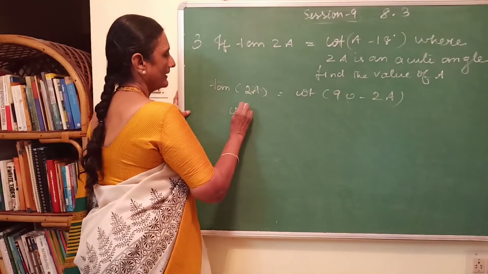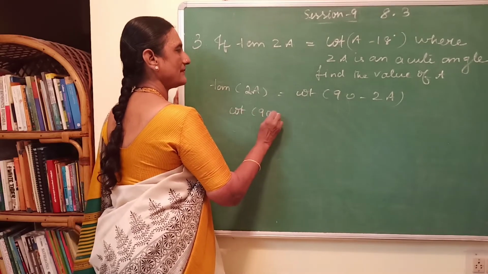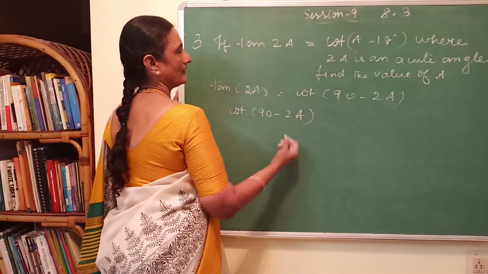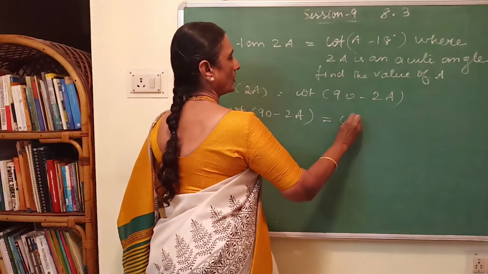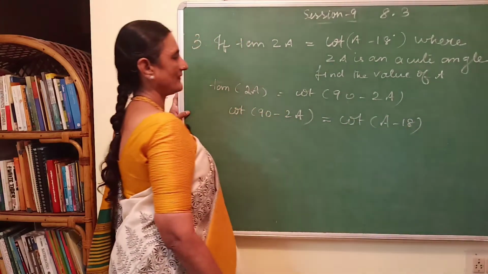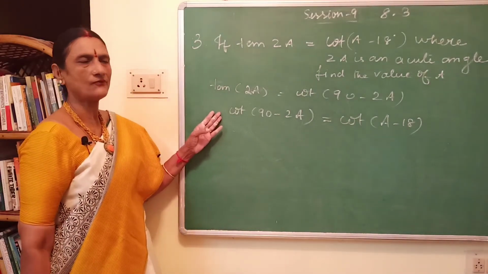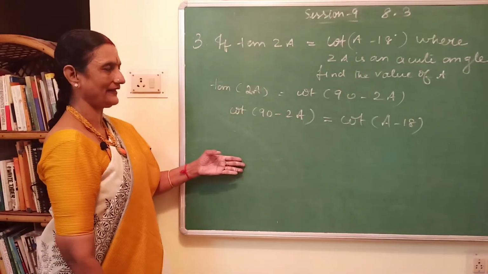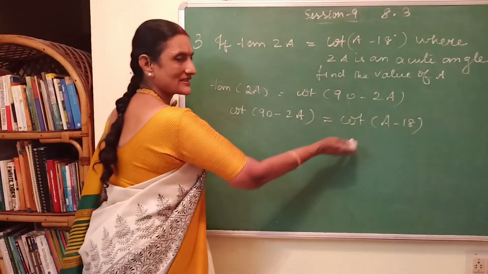Therefore, cot of 90 minus 2a is equal to cot of a minus 18. Now, if cot of two angles are equal, the angles must be equal.